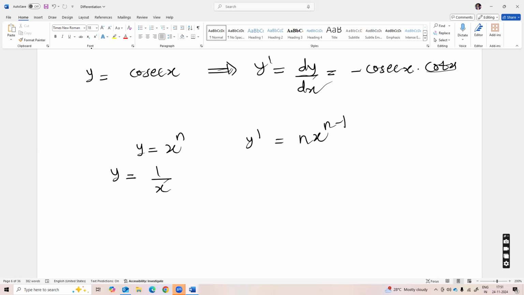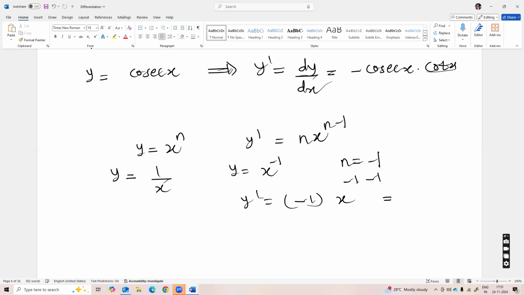In this case, we can write 1 upon x as y equal to x to the power minus 1. So n is equal to minus 1. Therefore, its y dash can be written as minus 1 into x to the power minus 1 minus 1.